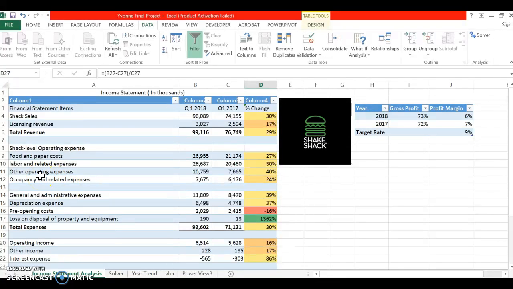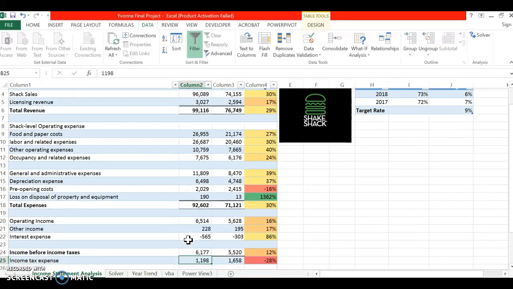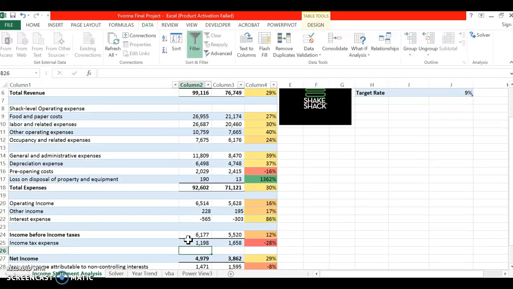Some variable costs, including food and paper costs, labor-related expenses, occupancy-related expenses, and some more fixed costs, including general and administrative expenses, depreciation expenses, etc. And total revenue minus total expenses will give us our operating income, and the operating income with some other income, interest expenses and the tax will give us the net income.